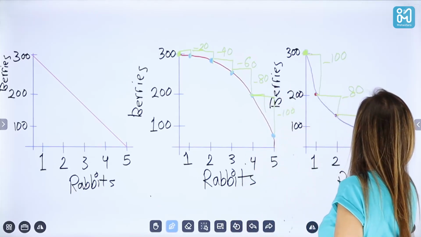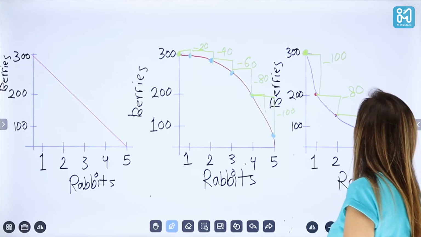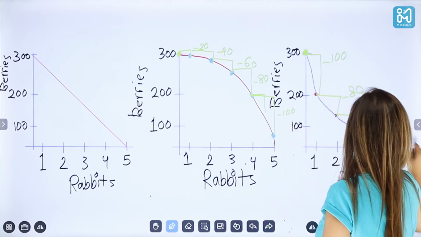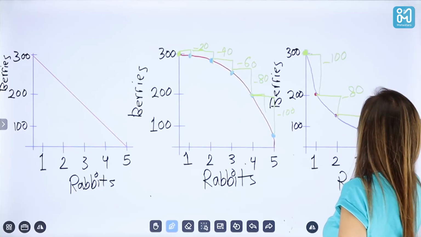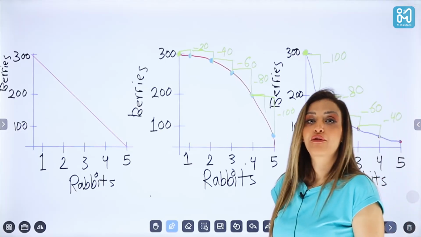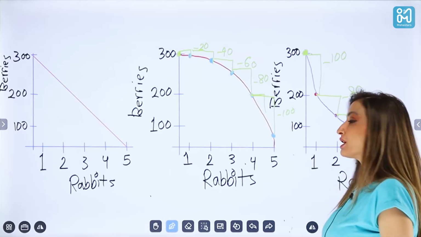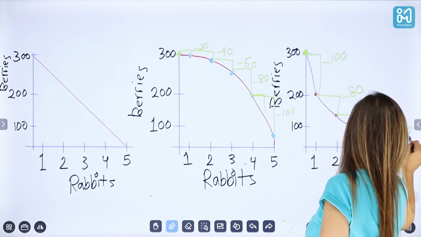If you decided to have 4 rabbits, your opportunity cost here is going to be 40. If you decided to have 5 rabbits, your opportunity cost is going to be 20.